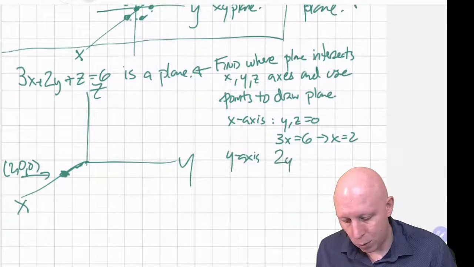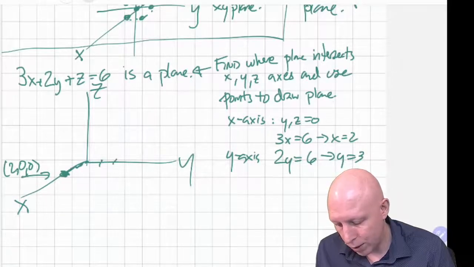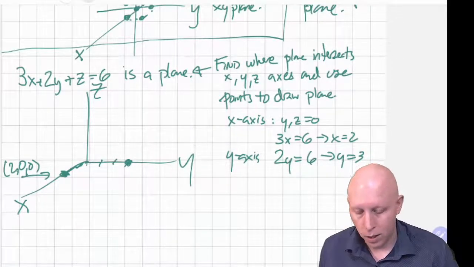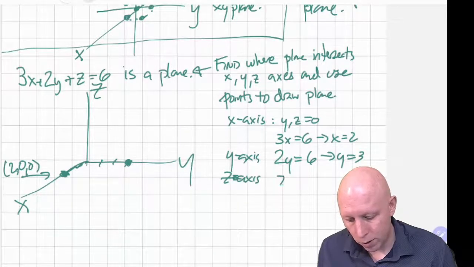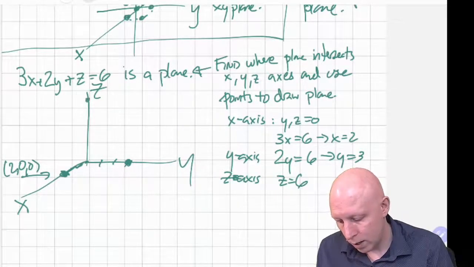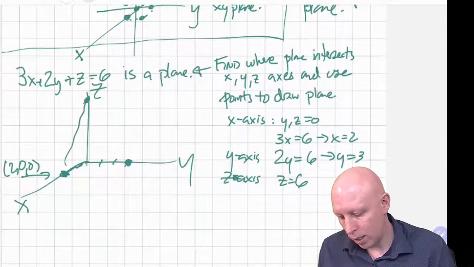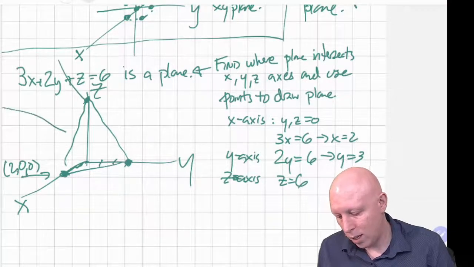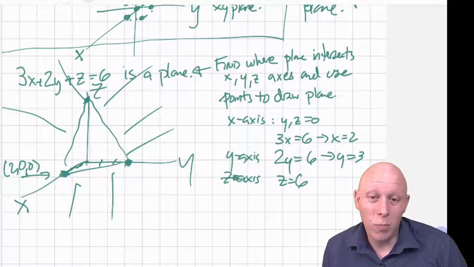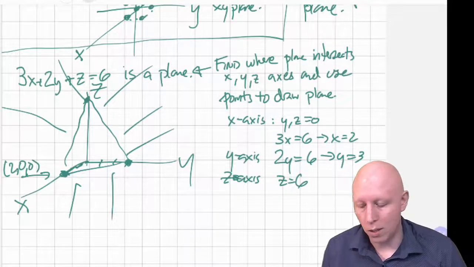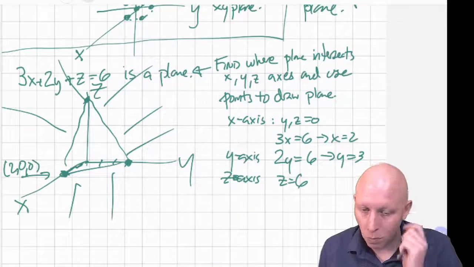We see that 2y is equal to 6, so y is equal to 3. So we walk out 3 units on the y-axis. And then on the z-axis, x and y are 0, so z is equal to 6. And then we can basically connect these points and expand our plane. And that is one way to think about the graph of this equation.